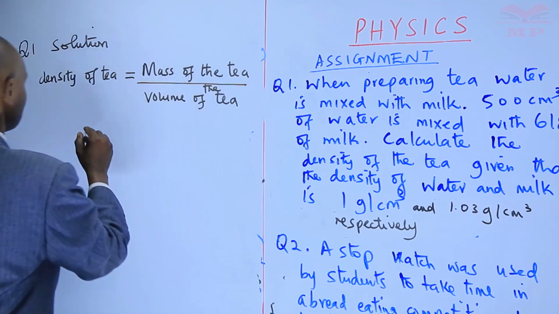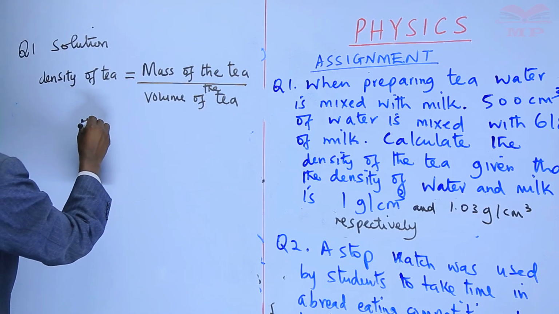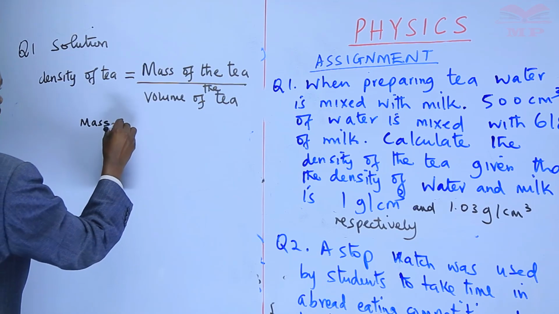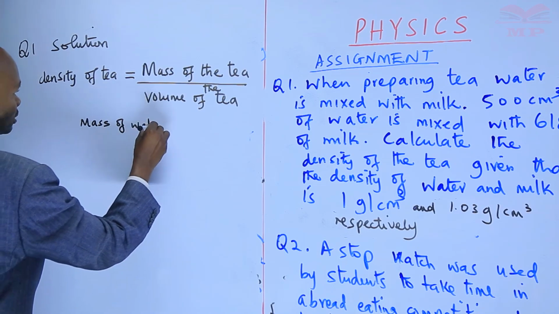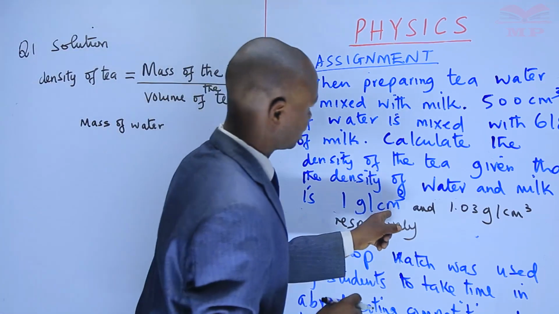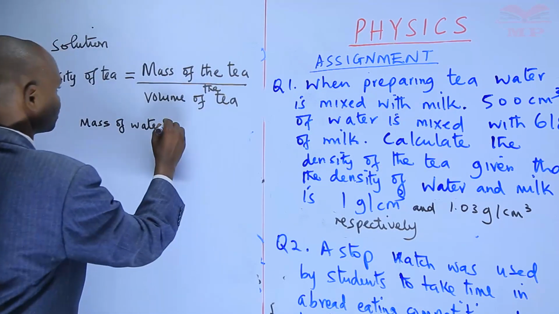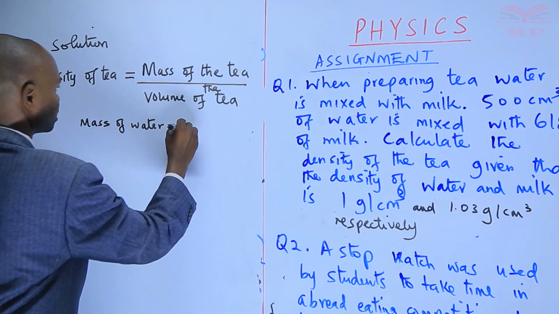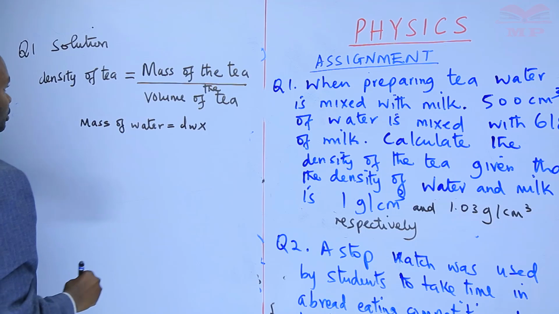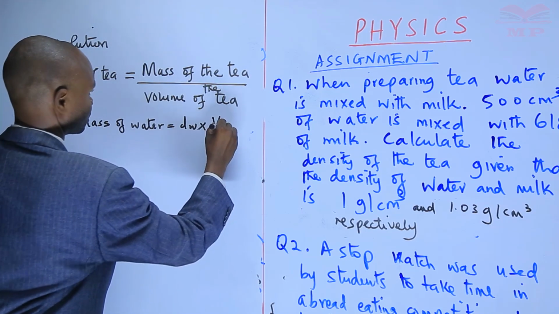First, the mass of water. The mass of water will be given by its density times the volume, which is the density of water times the volume of water.